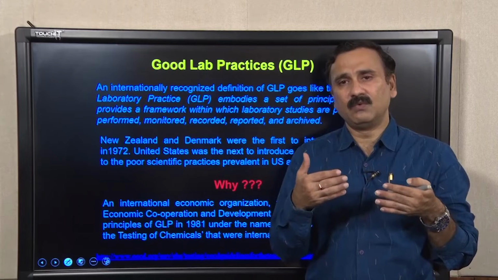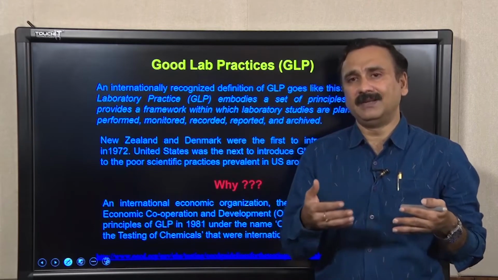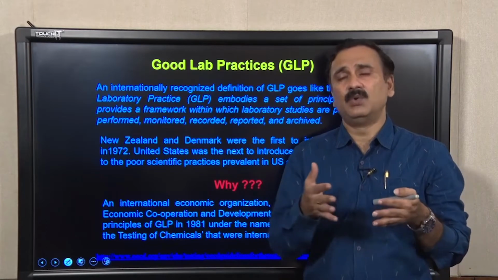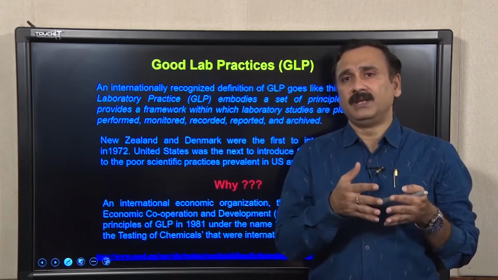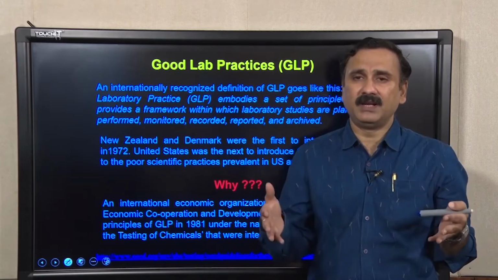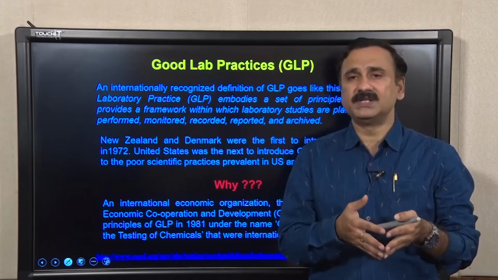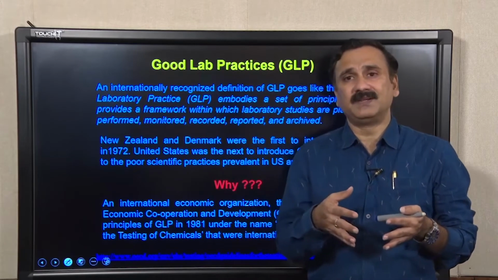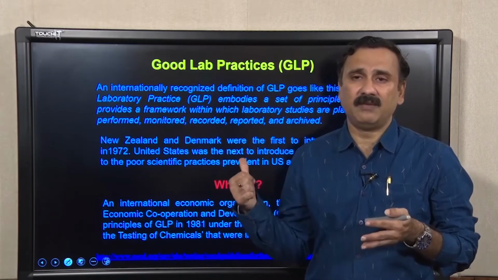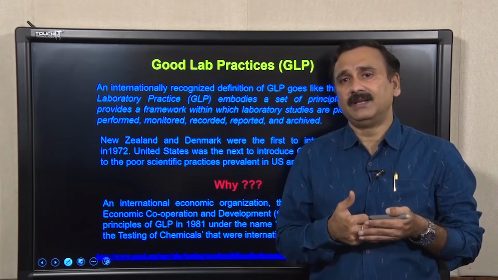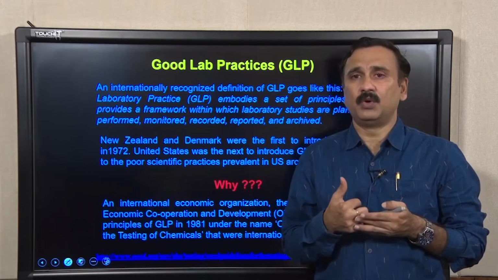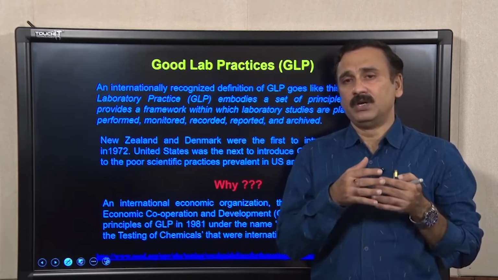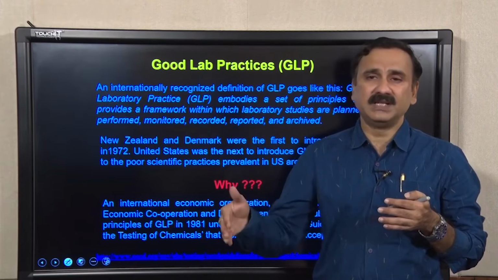Because when you follow good lab practices, you document each and every observation, and you use a complete list of materials, methods and experimental procedures in your notebook. This aspect we also discussed in detail in this module, where we said it is important that you maintain a very neat and clean notebook, where you start with the objectives.